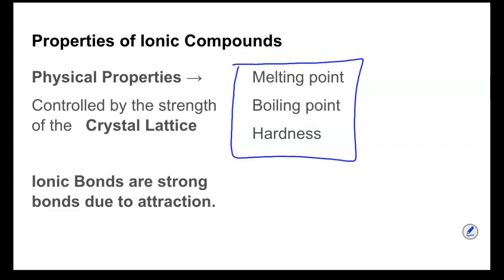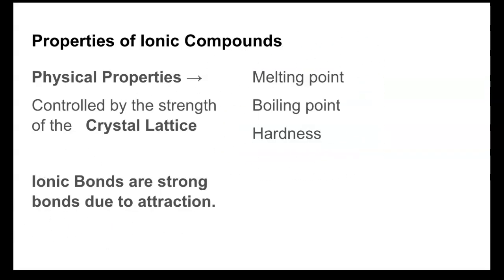And we also need to remember that ionic bonds are strong bonds due to the attraction between the positive and negative. But again, these properties, like boiling point, melting point, and hardness, they're controlled by the strength of the attraction. The greater the attraction, the greater the melting point, the greater the boiling point, and the harder these compounds are going to be. Okay, I'm going to move on to my next slide.